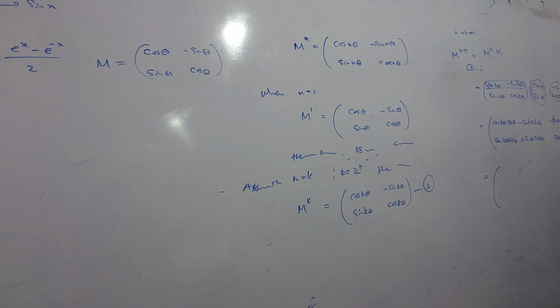These are the expansions: cos of k theta plus theta, which is k plus 1 theta, and negative sin k plus 1 theta. This is the expansion of sin k plus 1 theta, and this is the expansion of cos k plus 1 theta.